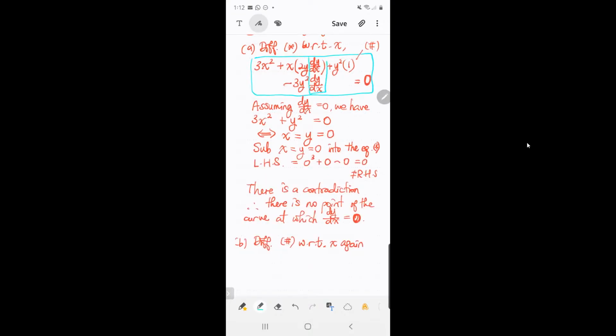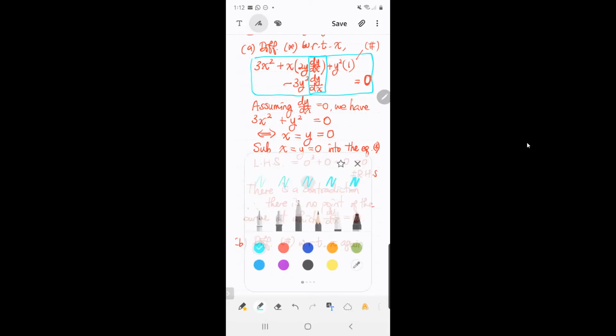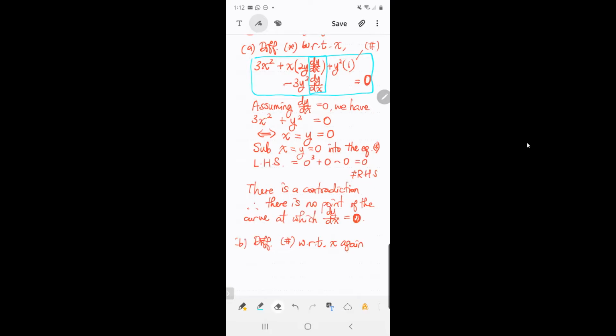So probably I can just simplify as usual. I can take out the dy dx first. So I don't call this equation star. Maybe I don't call this equation star, so I cancel this one. I don't differentiate first.